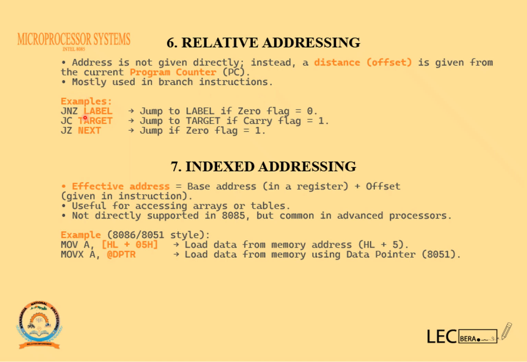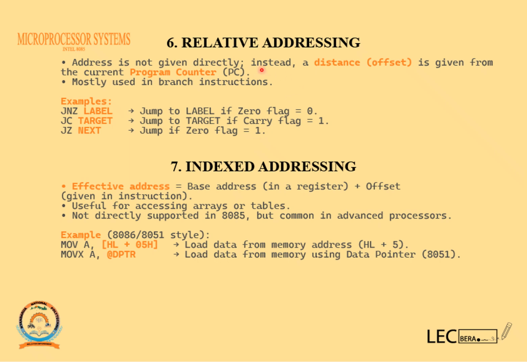For example, here we have JNZ label, so jump to label if the zero flag is equal to 0. Then we have JC target, jump to target if carry is equal to 1. Then JZ, jump if zero flag is equal to 1.